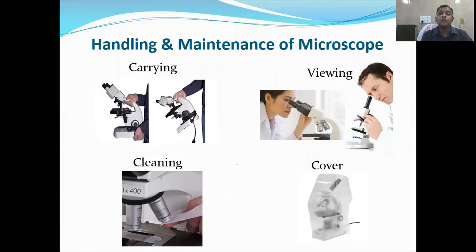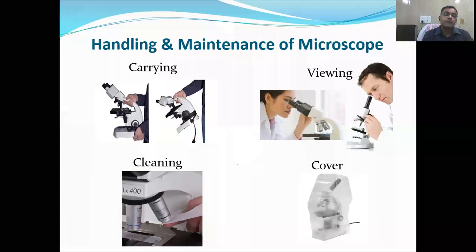So even if it is not asked, once you finish your work, always clean the objective lens of your microscope with appropriate cloth and appropriate lens cleaner. And last but not least, always cover the microscope with a dust-preventing cover. That cover will help prevent dust from entering your lens and will improve the lifespan of the microscope.